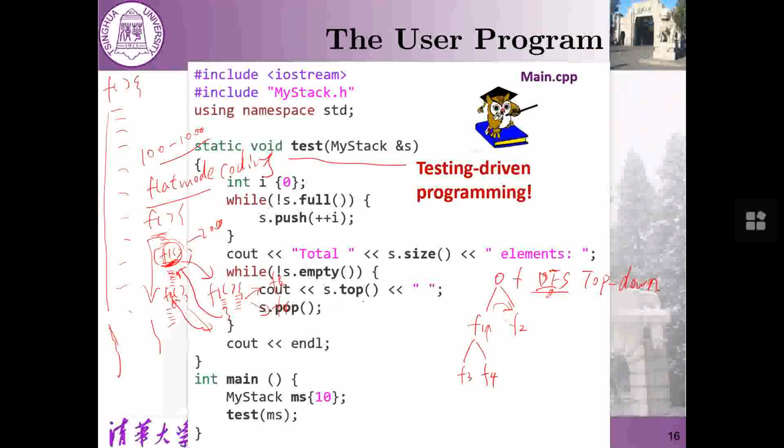A better way is to write the F function, and when you know there is some module you need to implement, you assume this module has already been implemented and just write the following part.